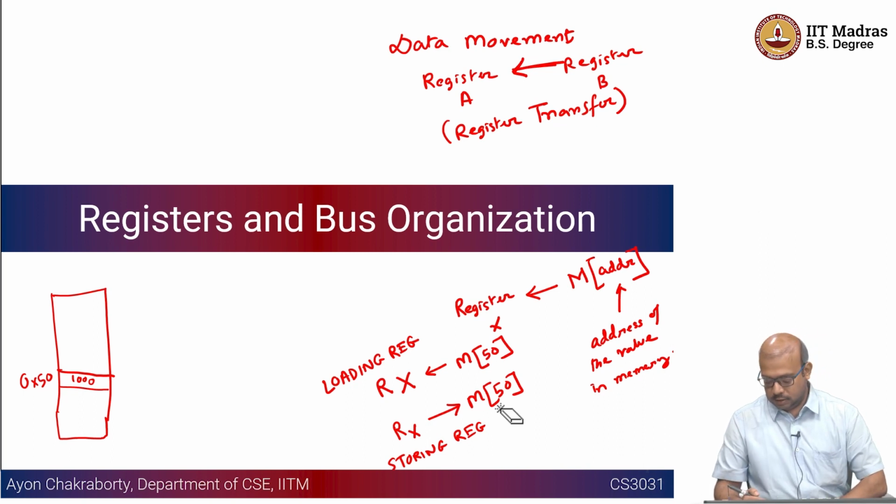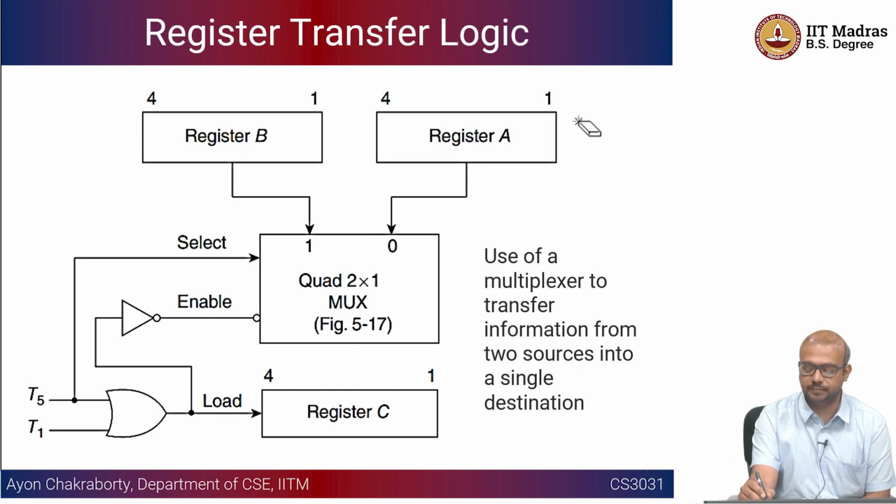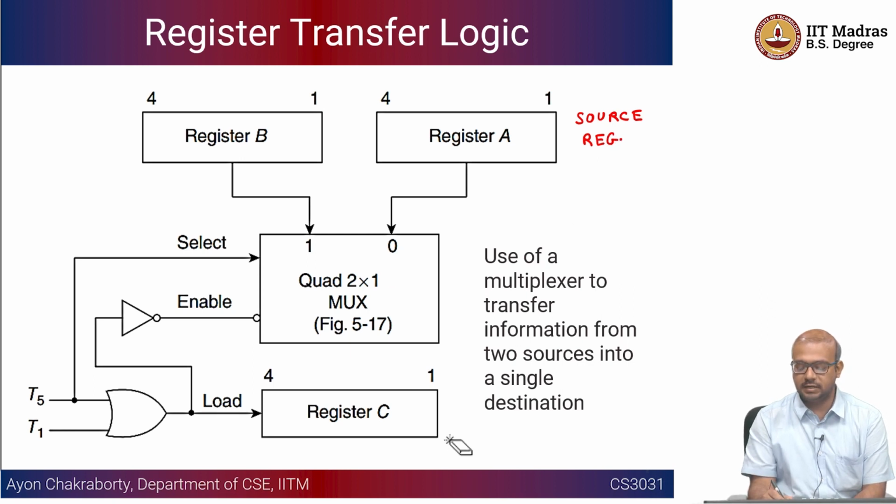So now let us look at a little bit of how these transfers can take place, and what kind of combinational circuits we might have. Let us look at this figure where I have two registers, register A and register B, and I want to treat them as my source registers. And I have a register C which is my destination register.